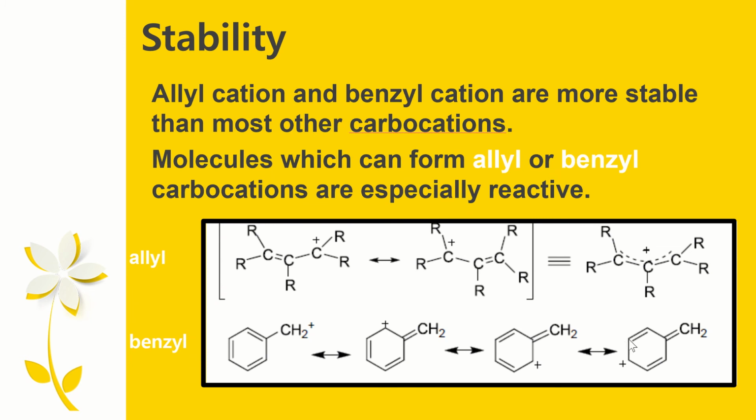And we can draw several resonance structures showing how the electrons can be delocalized across all of these bonds, right? So clearly, once we can draw a number of resonance structures, that carbocation has increased its stability.